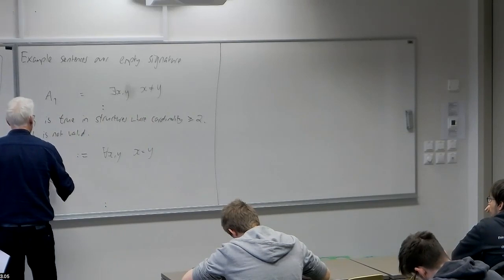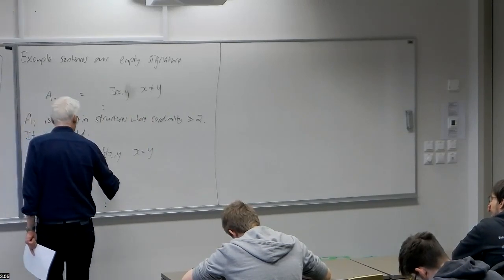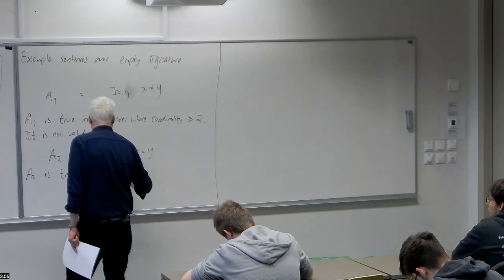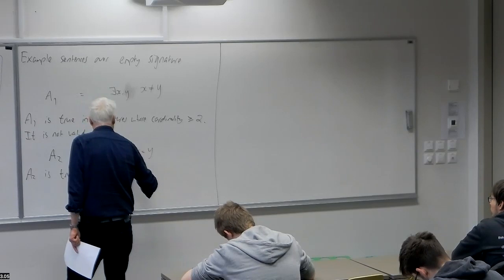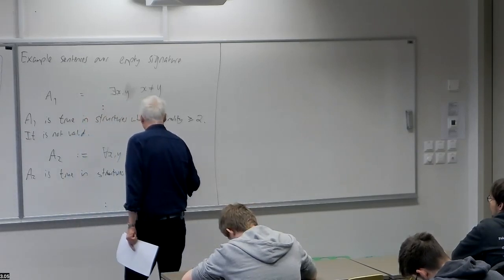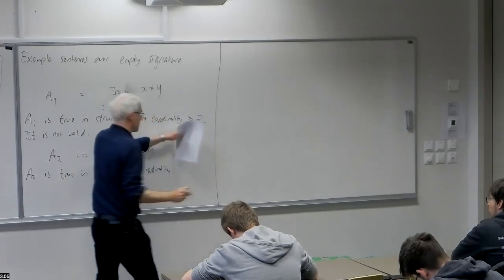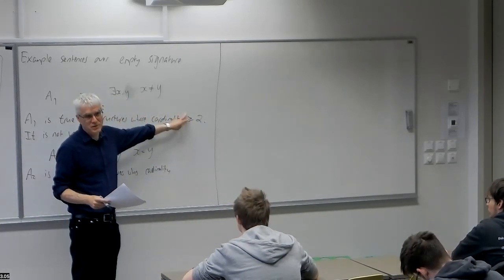A2 is true, obviously it's negated, in structures whose cardinality is strictly less than 2. In other words, whose cardinality is less than or equal to 1, so structures that have at most one element.